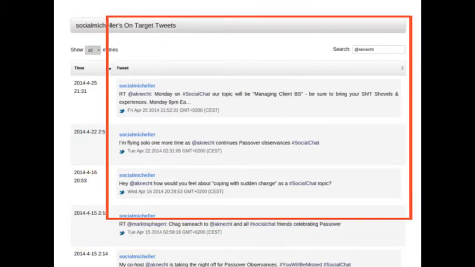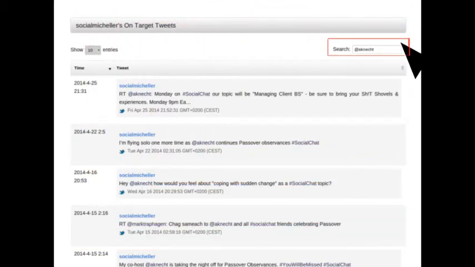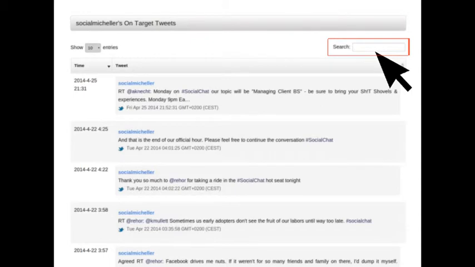By the way, you can also remove the filter for nknecht and see all the tweets on target sent by Michelle. This is very useful if you want to check the kind of tweets used by the top influencers for your hashtag and learn about the social norms respected by the leaders of this community.